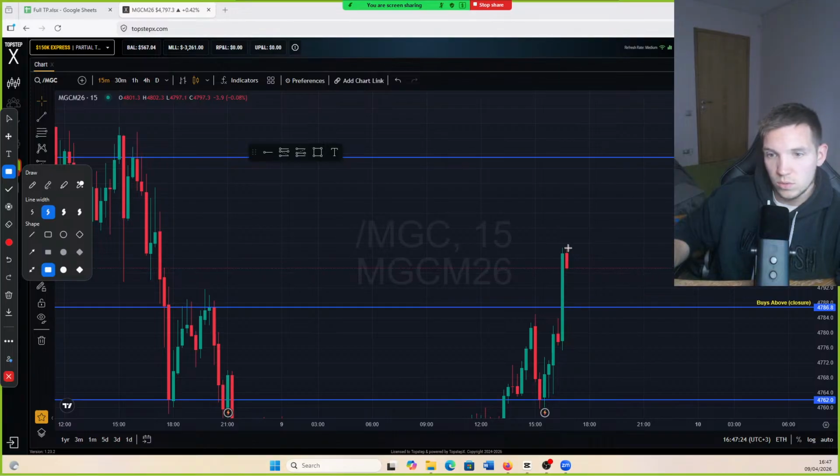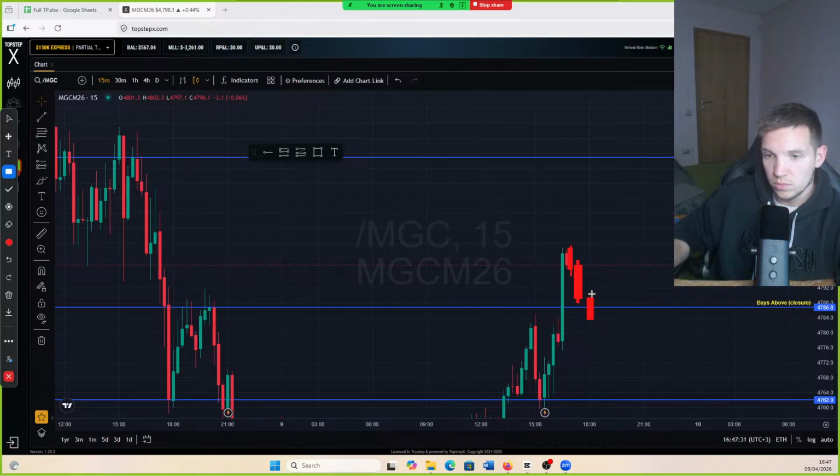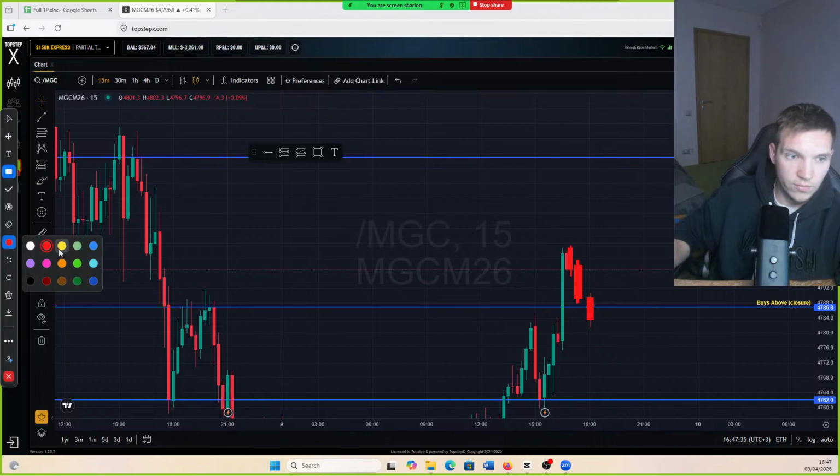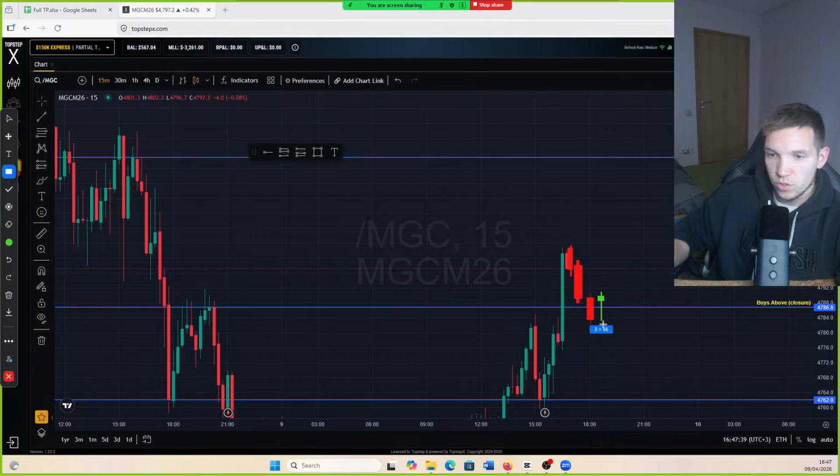Now, what we need to wait are few candles which are gonna come down. Ideally, retest this range, create a new support with or without rejection, honestly. And then we can take buys going back up.